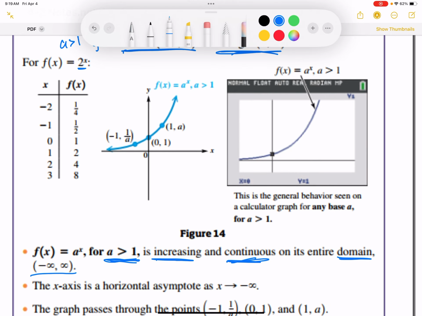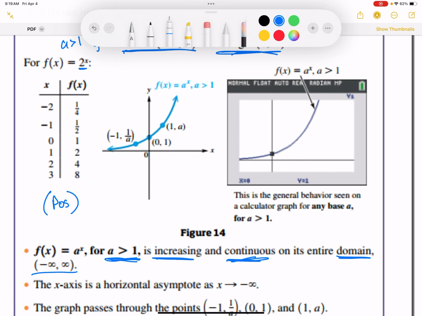Well, if I have a positive number, so if A is positive, and I put any power, it's always going to equal another positive number. It's never going to equal a negative number. And it'll never equal 0. Maybe I'll say never because there's 2 things.